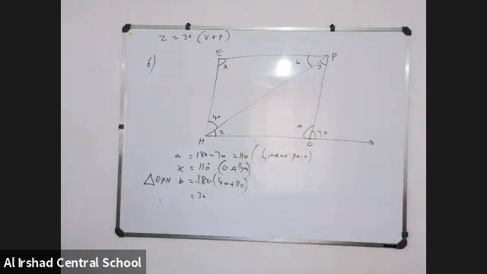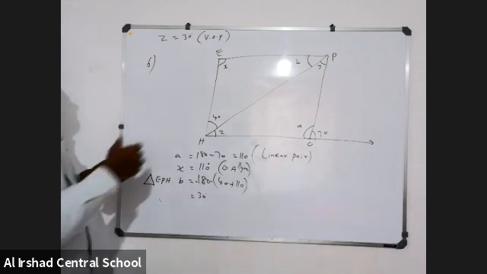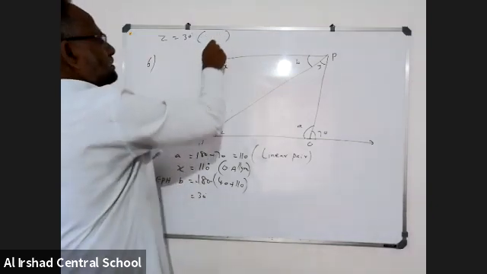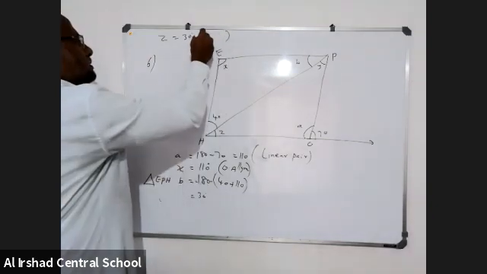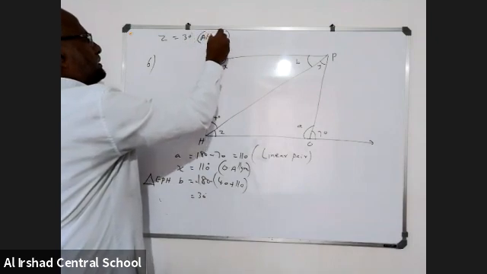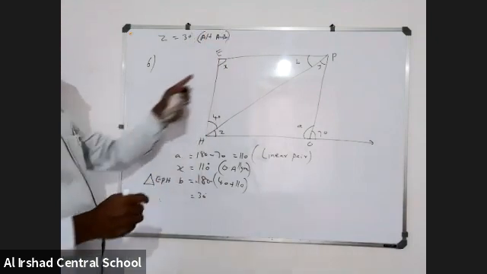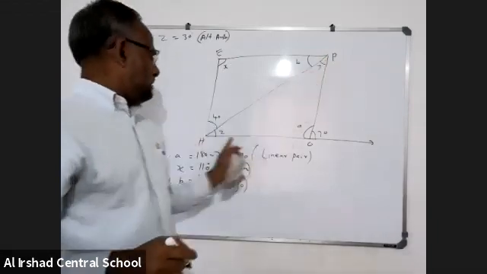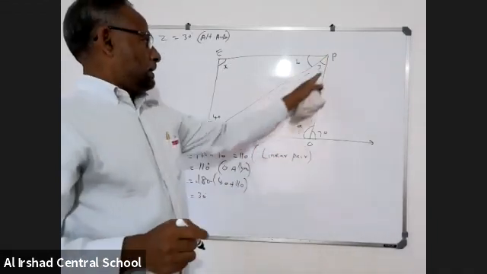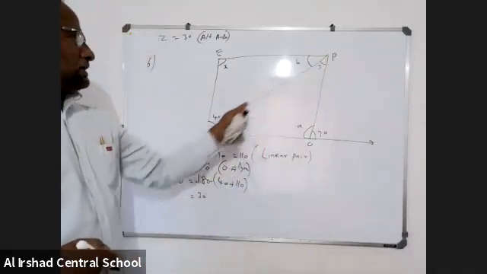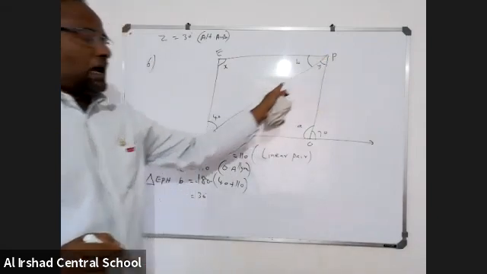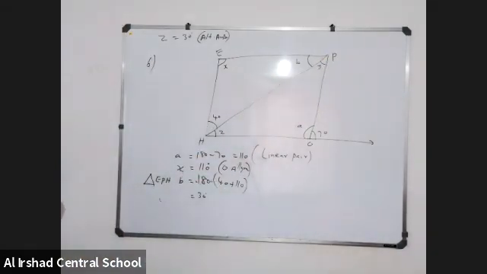Corresponding angles are equal. Alternate angles. What do you understand? Alternate angles. Tell me the mistake. Because EP is parallel to HO and HP is the transversal, not a diagonal. Alternate angles are equal.